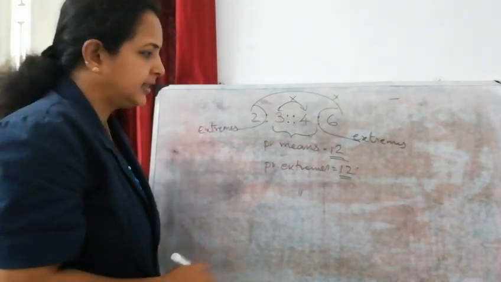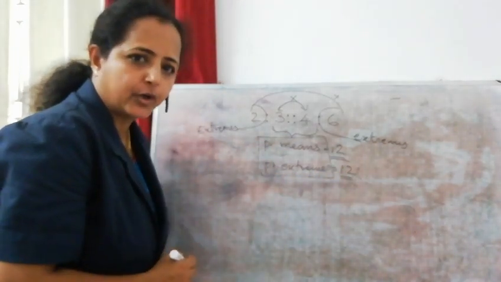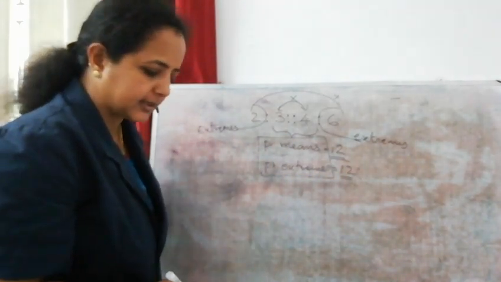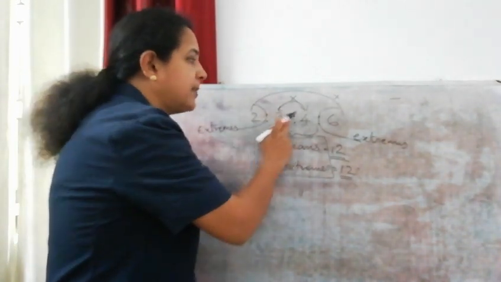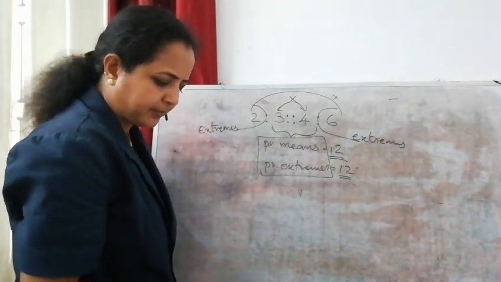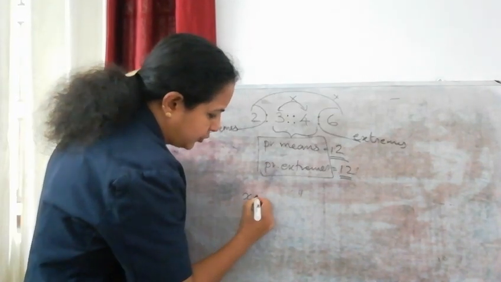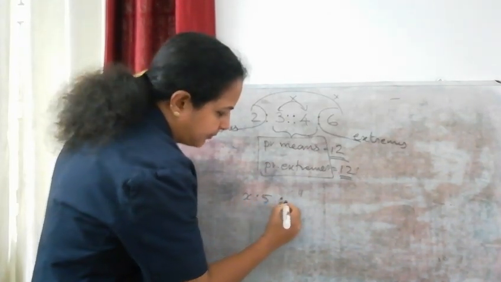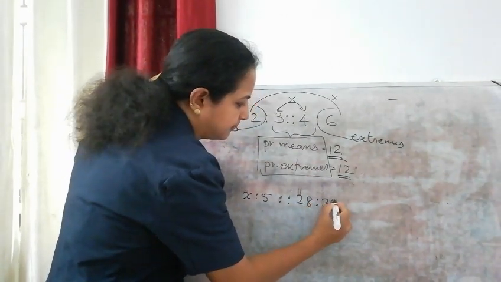Next, you have to study that the product of means is equal to the product of extremes. Using this method we can find out if any number is missing, for example if the first number is missing. Suppose the question is like this: x is to 5 is proportional to 28 is to 35.